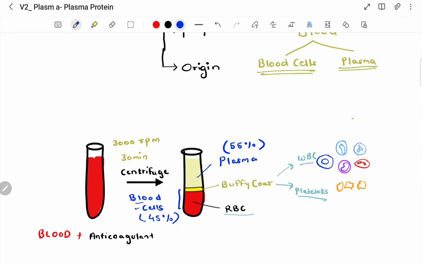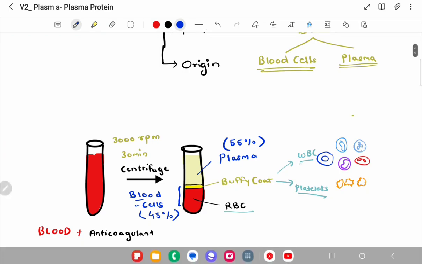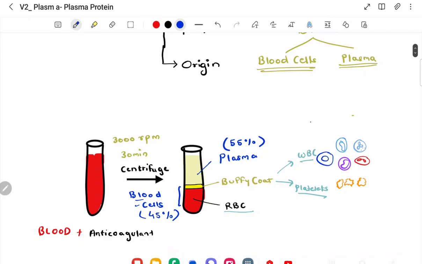RBC count is in million cells per cubic millimeter, whereas white blood cell count is in 1000 cells per cubic millimeter. So the major part is formed by RBCs, which is very close to 45%, whereas white blood cells and platelets form less than or about 1%.